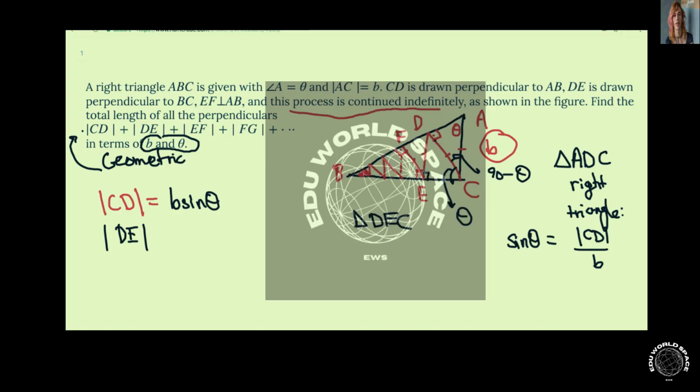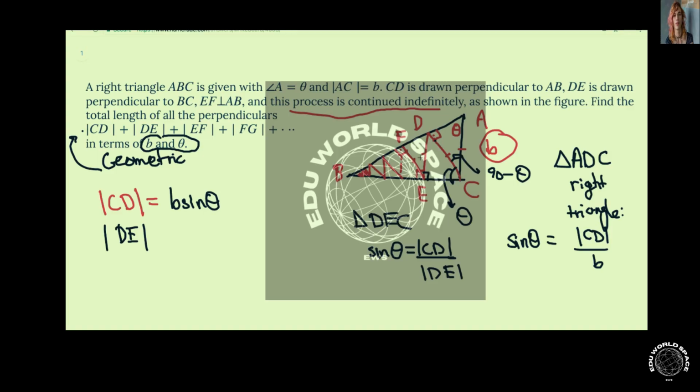So we have another right triangle in here. We have our theta, so we can say that the sine of theta is equal to the length CD over the length DE, just using the definition of sine. The sine is the opposite over hypotenuse.